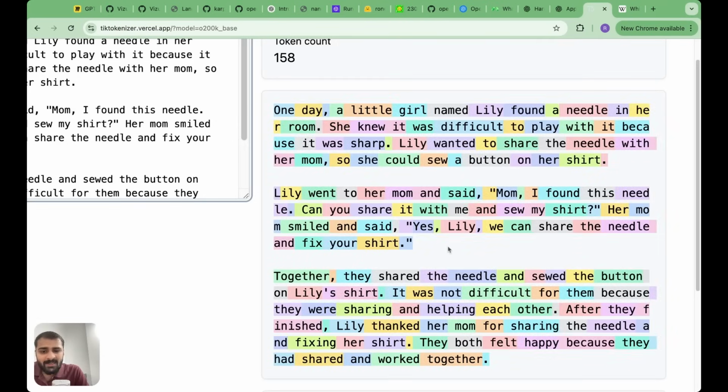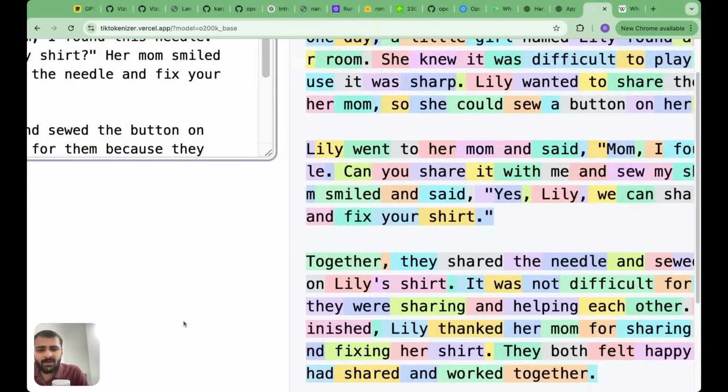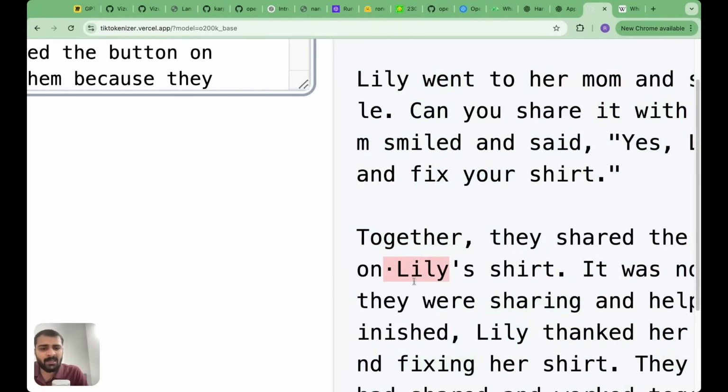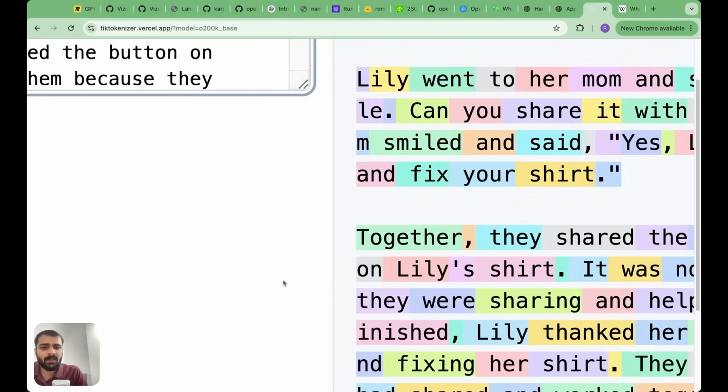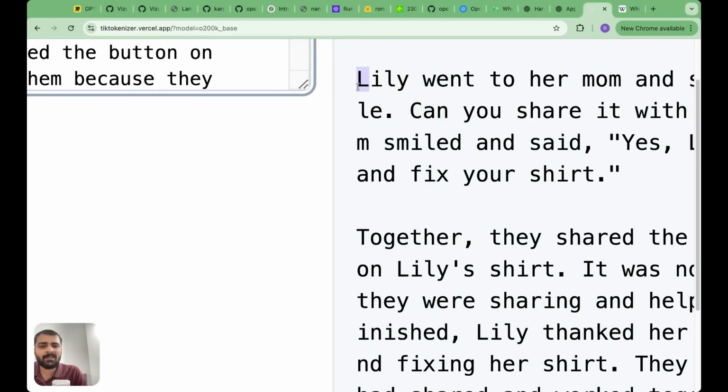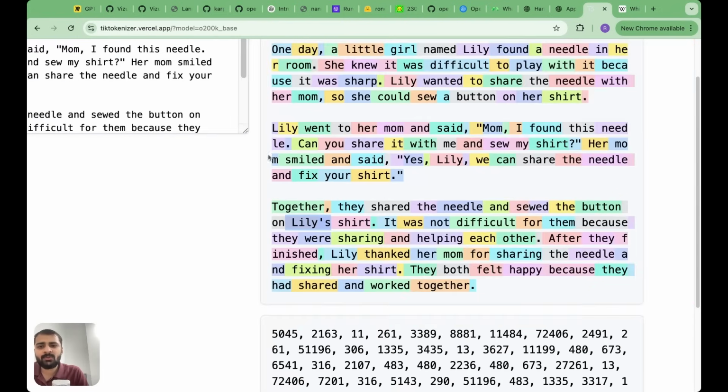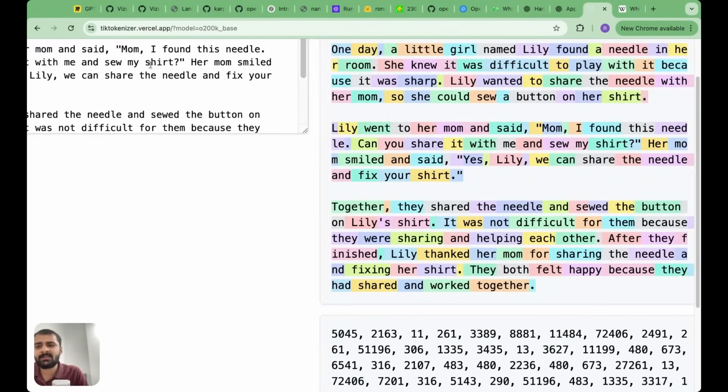Even small changes lead to different tokens. The moment you have an apostrophe here, Lily becomes one full token, but here, Lily becomes L and ILY. Actually, here Lily and this space is one token. So the moment there is a space here, this whole thing becomes a token. This Lily does not have a space before it, but let me try to add a space there now.